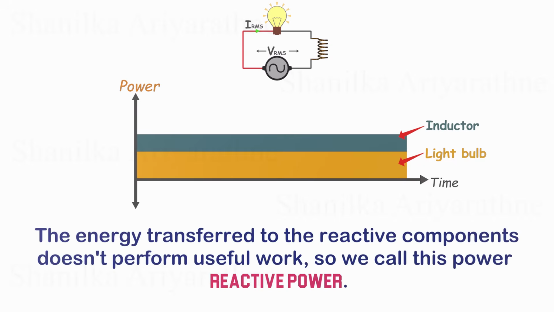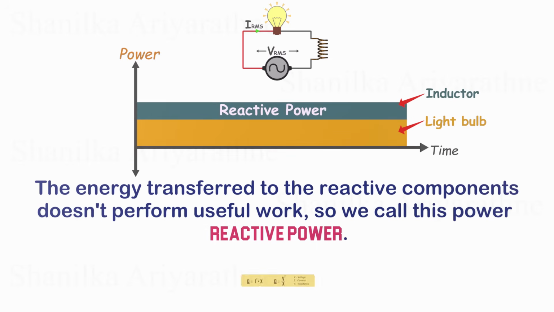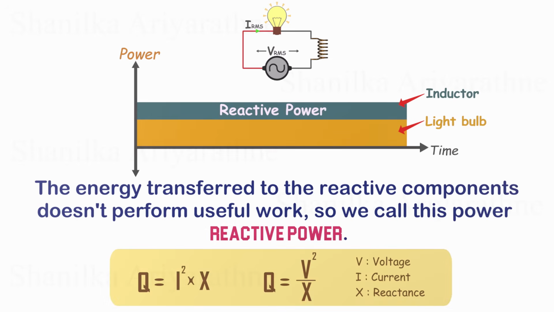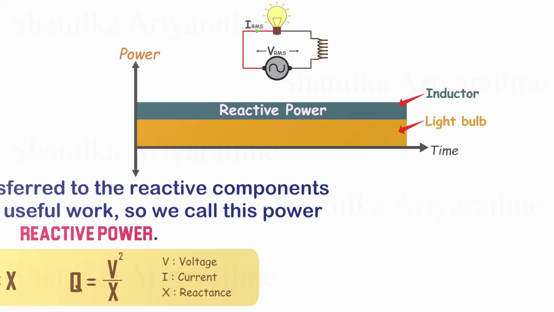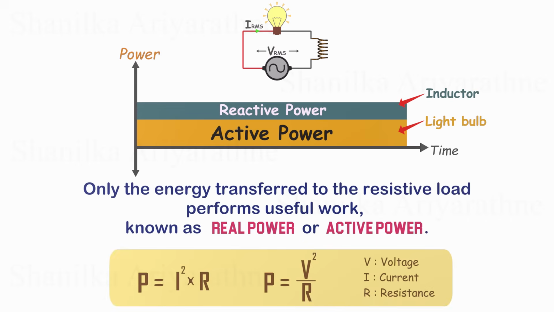The energy transferred to the reactive components doesn't perform useful work, so we refer to this power as reactive power. We can calculate the reactive power of a circuit if we know the reactance, voltage, or current. Only the energy transferred to the resistive load performs useful work, known as real power or active power. We can calculate the active power of a circuit if we know the resistance, voltage, or current.